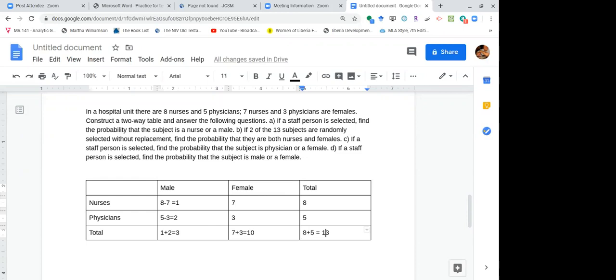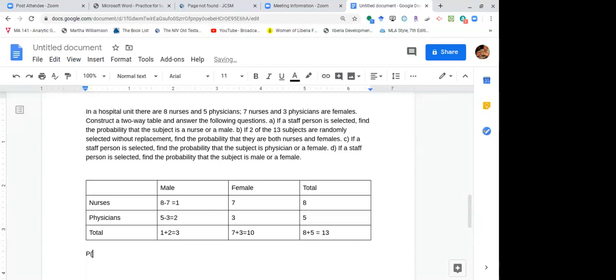All right. So A, if a staff person is selected, find the probability that the subject is a nurse or a male. So when you're doing "or" problems, I'm going to write the formula first and then I'll show you.